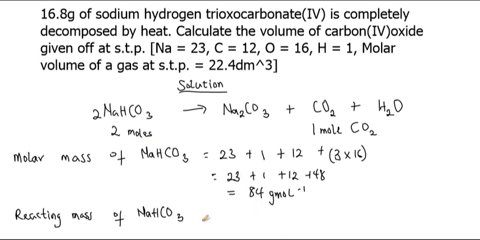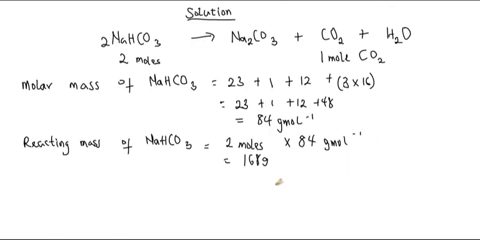So the reacting mass of NaHCO3 will then be 2 moles, which is the number of moles of NaHCO3 from the equation, multiplied by the molar mass, which is 84 grams per mole. So this gives 168 grams. Now we've gotten the reacting mass of NaHCO3.